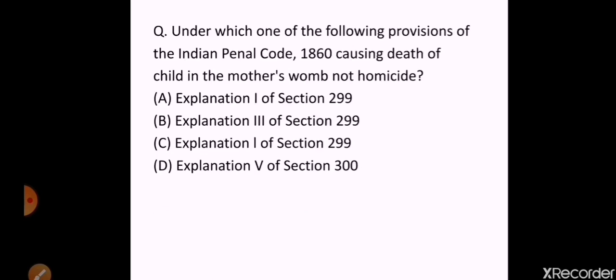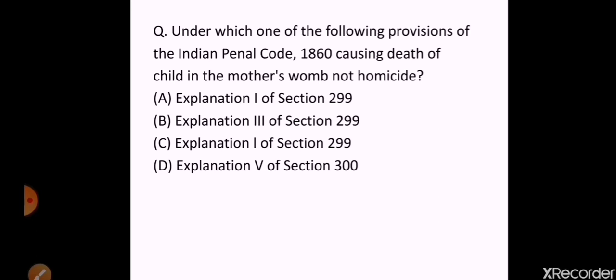The next question is, under which of the following provisions of the Indian Penal Code 1860 is causing death of a child in the mother's womb not homicide? So again this is also an important question, and let me tell you the options. A, explanation 1 of section 299.